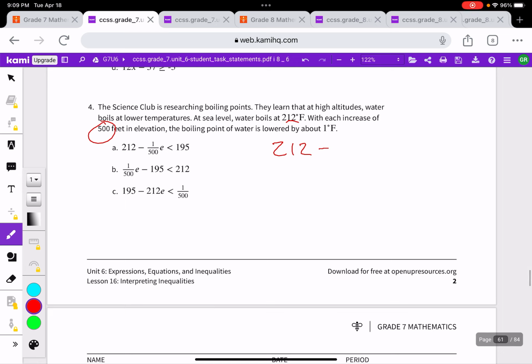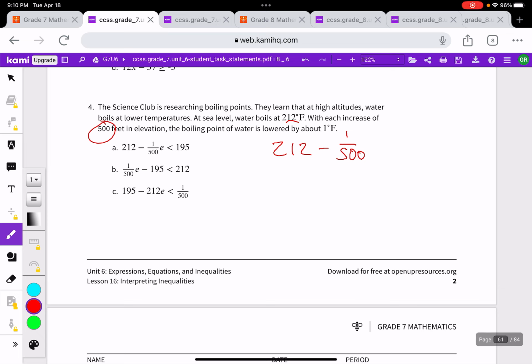But A, believe it or not, is correct. Because if I go up 500 feet, I lose a degree. Well, then how much do I lose if I go up 1 foot? Well, technically, I lose 1/500th of a degree. If I lose a degree for every 500 feet, well, then 1 foot, I'd lose 1/500th of a degree. 2 feet, I'd lose 2/500th of a degree.